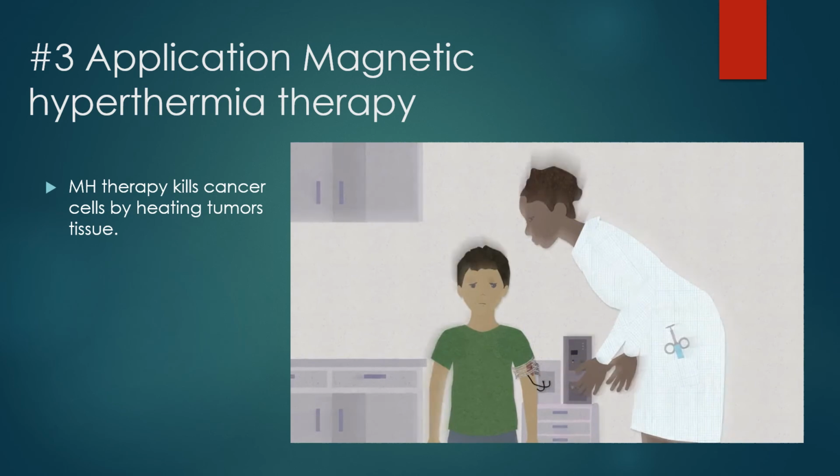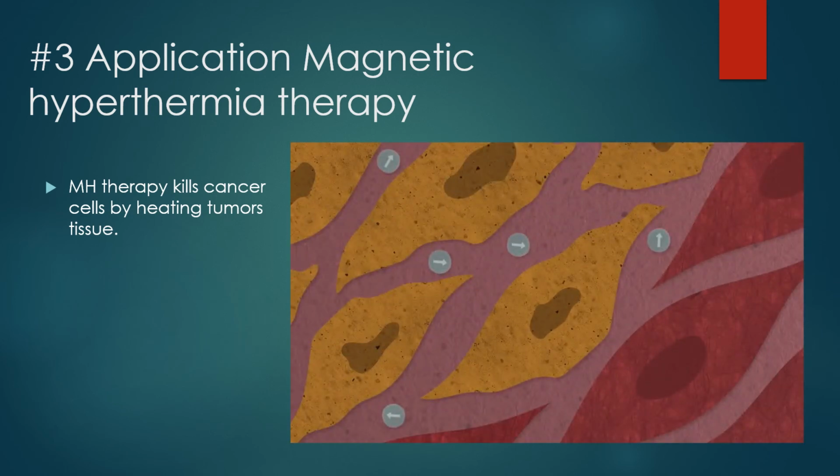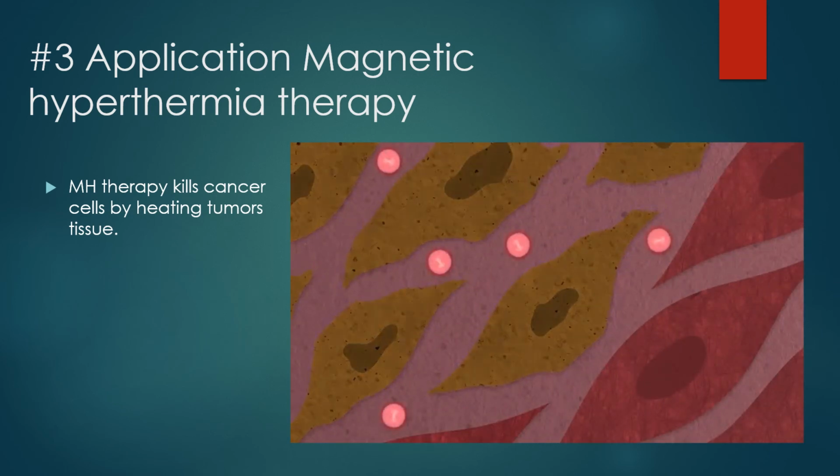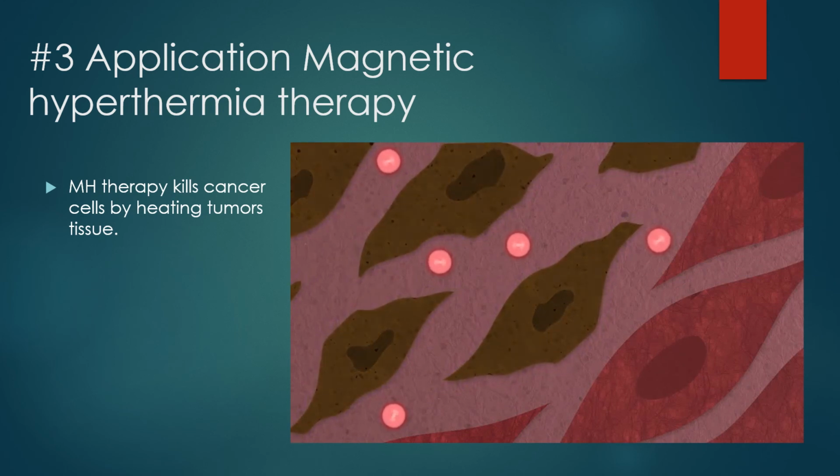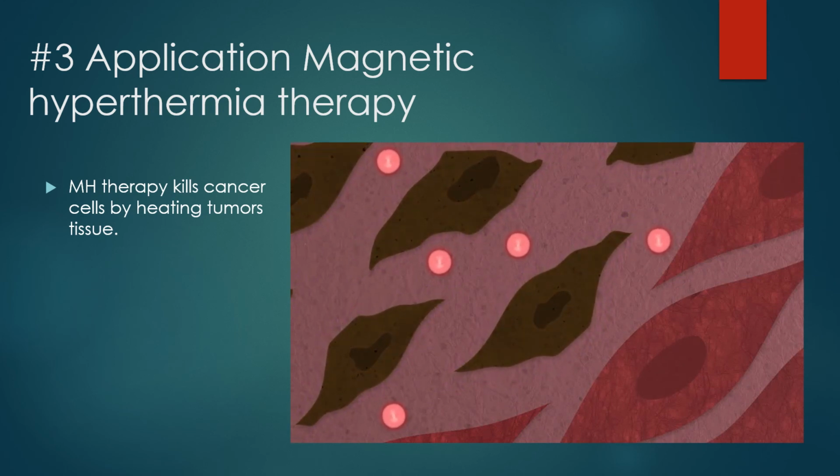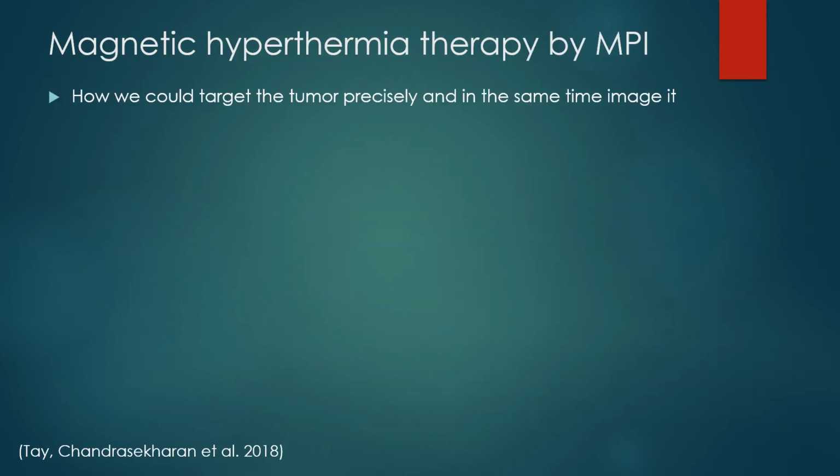So these magnets move fast and get hotter and hotter, resulting in the shrinkage of the tumor cells. Here's the question: how could we target the tumor precisely for the purpose of treatment and at the same time image it? The answer is the combination method of MPI and magnetic hyperthermia therapy.